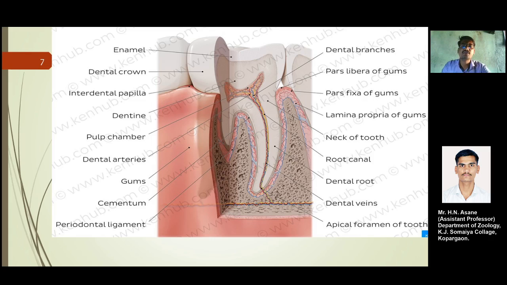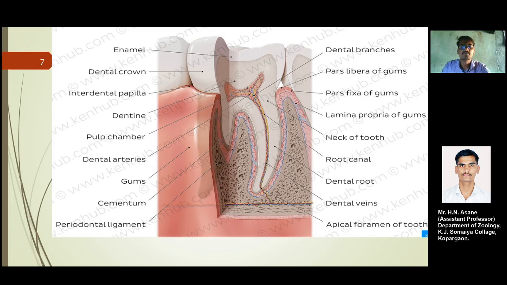And we are going to see the pars fixa of the gums, which give support, providing a space for the tooth to anchor into.